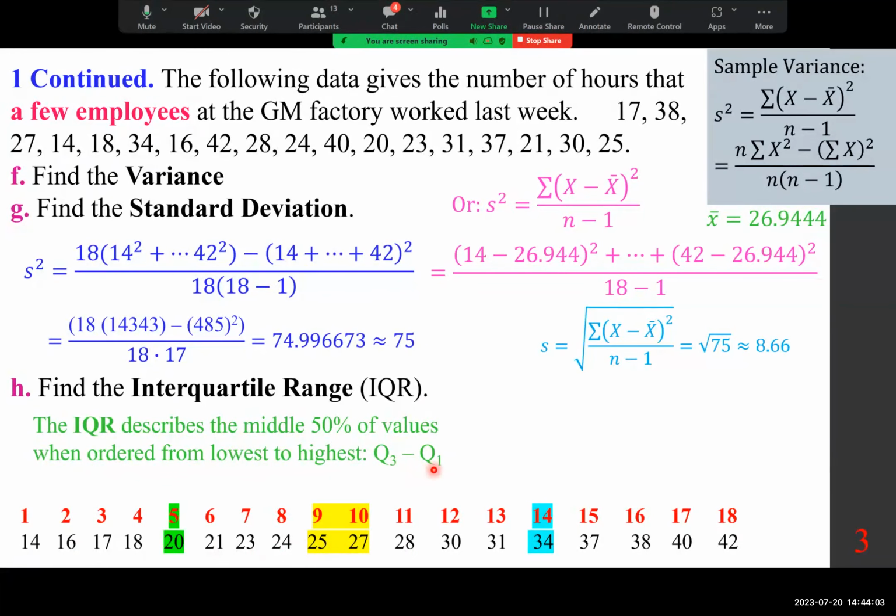We already know that Q sub 2, or the median, we added these two, 25 and 27, and divided by 2. Now you want Q sub 1, look at the bottom half, and the median, because it's an odd number, 9, so the fifth one, which is number 20, this becomes Q1.